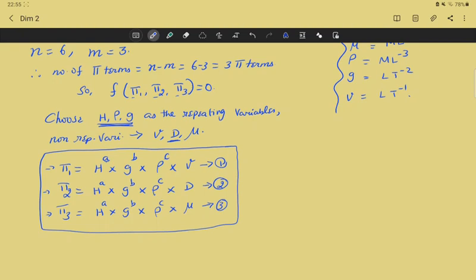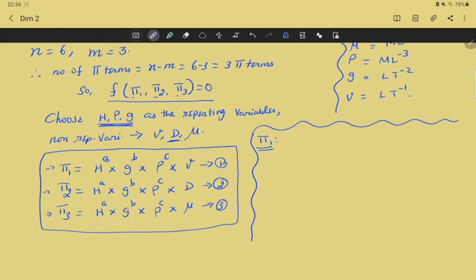Because look at this, f of pi 1 comma pi 2 comma pi 3 is 0. All that we are doing is finding the value of pi 1 by finding a, b, c values. Similarly pi 2 by finding what are a, b, c, and so on. That's it. Now let's get started, shall we?